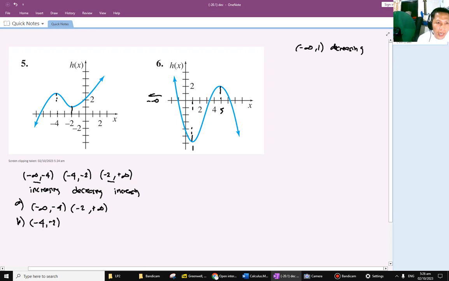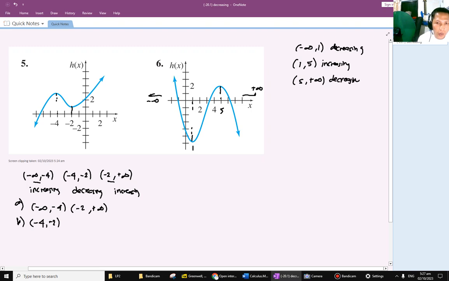And then from 1 up to 5, that is increasing. And from 5 up to positive infinity, that should be decreasing.